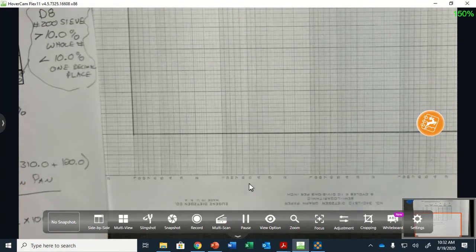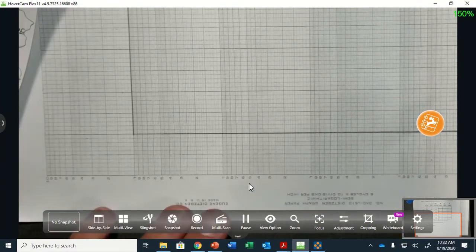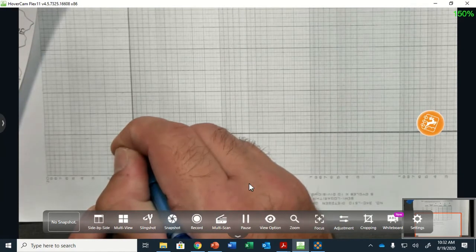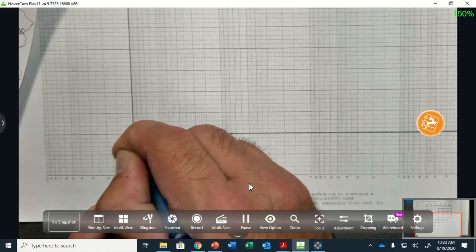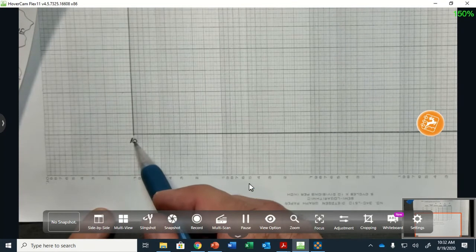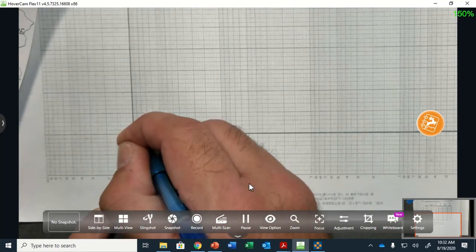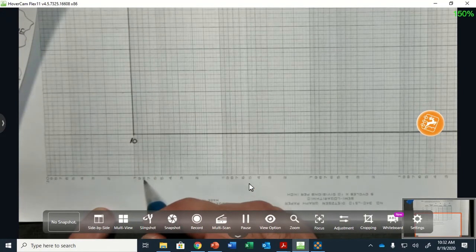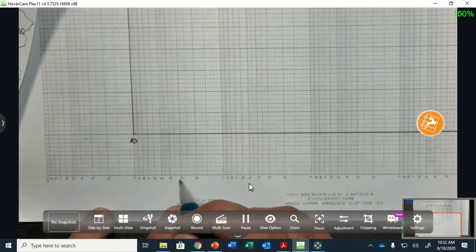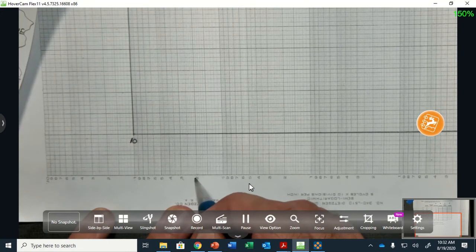If I make this 10 right here, that represents 10 millimeters right on my 0, 0 point. So this is 9, 8, 7, 6, 5, 4, 3, 2, 1 millimeter.